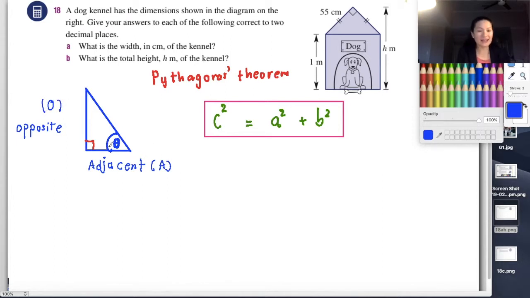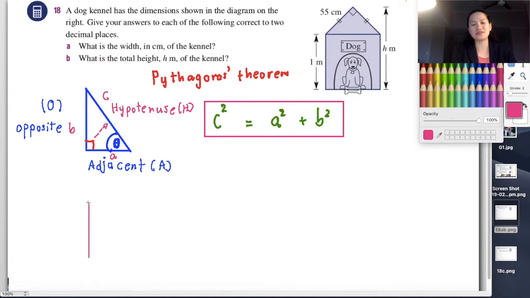And the one that is opposite the right angle here is named hypotenuse, or they use H. But when we use it in the formula, we always use C, A, B. I'm going to write it down again so you can see it easier.